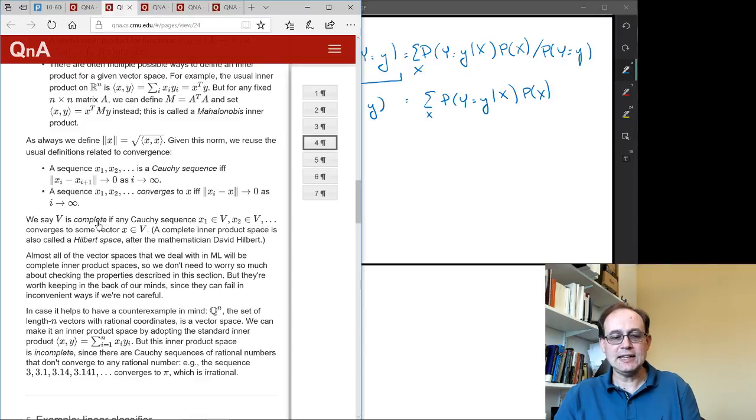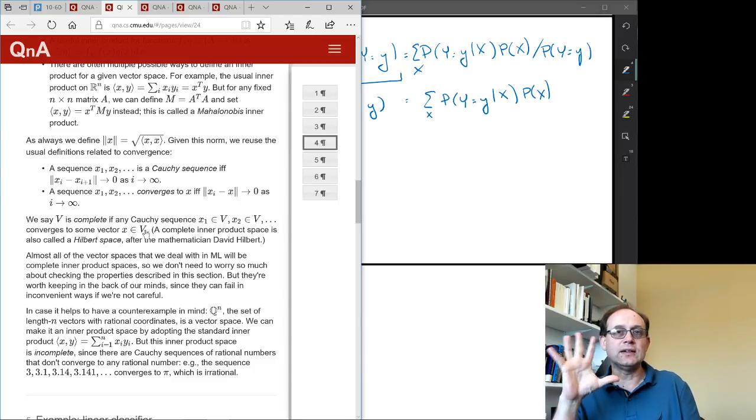It's complete if and only if any Cauchy sequence converges. So if we have a sequence of points x1, x2, and so forth in our vector space, there's another point, again in our vector space, that it converges to. A complete inner product space is often called a Hilbert space as well, after a famous mathematician, as with many of the things that are named after people.